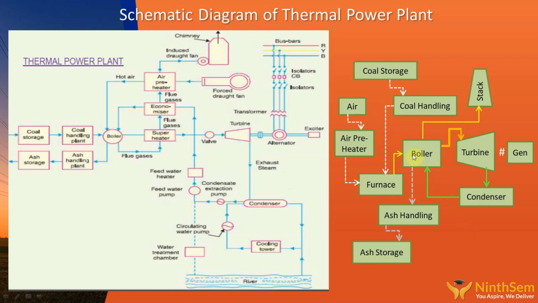In the boiler, this heat energy is utilized to produce steam from the incoming water. Once the hot gas has been used for heat transfer, it goes to the stack. So this yellow line is the hot flue gas, and this orange color is the steam line.